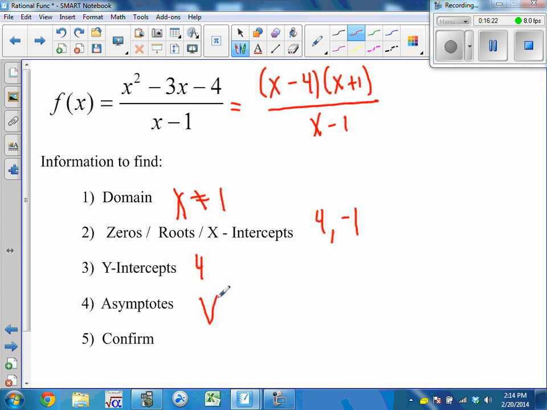Your vertical asymptote is x equals 1. If you divide the top into the bottom, you can see that there is no horizontal asymptote.